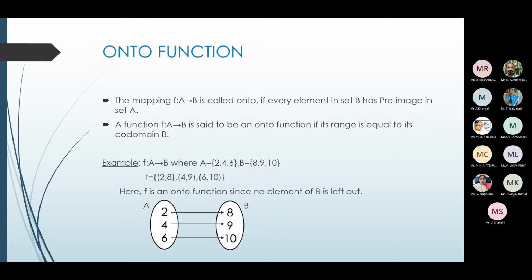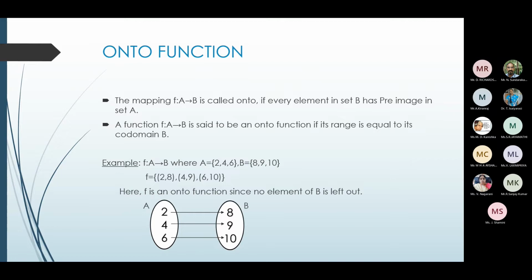If its range is equal to codomain B, then it is said to be an onto function. For example, if a function maps A to B, where A is {2, 4, 6} and B is {8, 9, 10}, with each element mapped, since no element of B is left out, this function is said to be onto.